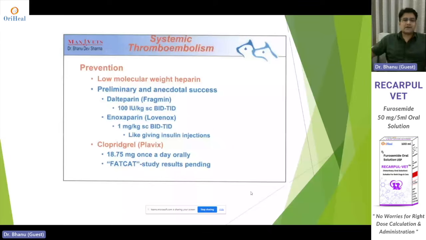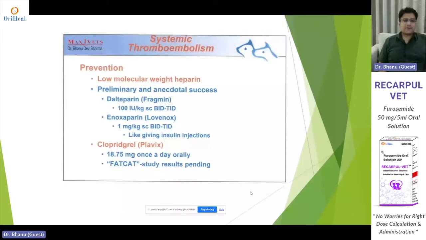So even in cases of HCM, when it crosses the mild to the moderate form, you can think about using clopidogrel. In all cases of HCM, DCM, this is a prophylactic drug, so that the clots are not formed, because most of these cases of systemic thromboembolism are those cases which have some underlying cardiac disease, right?